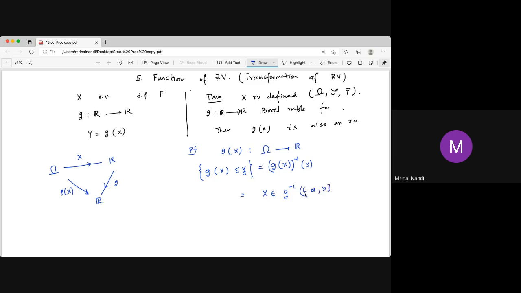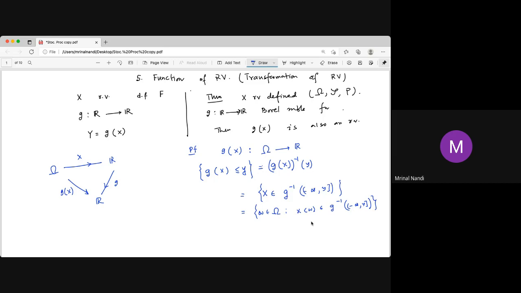So there should be one more bracket. So this set is nothing but omega belonging to capital Omega such that X(omega) belongs to g inverse of minus infinity to y. This set.